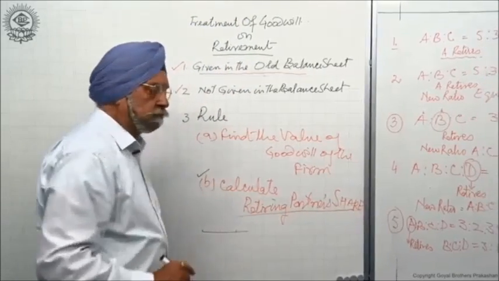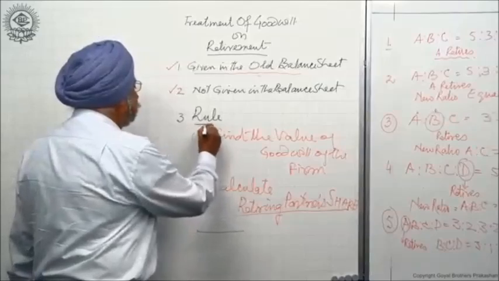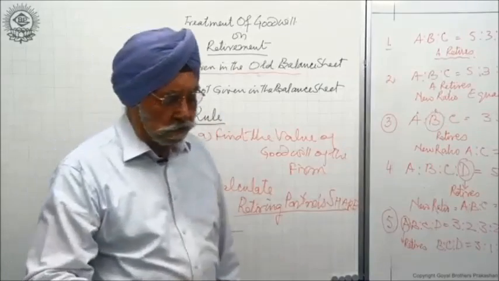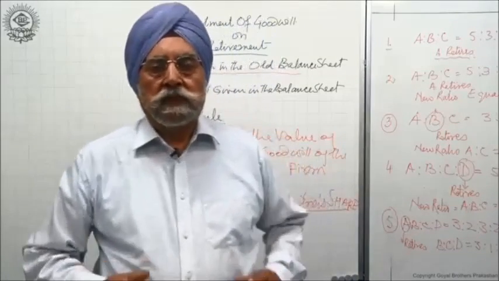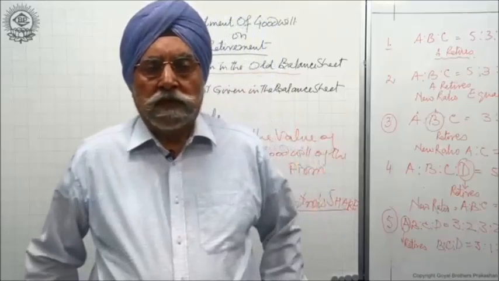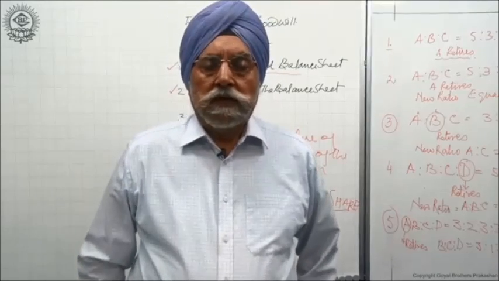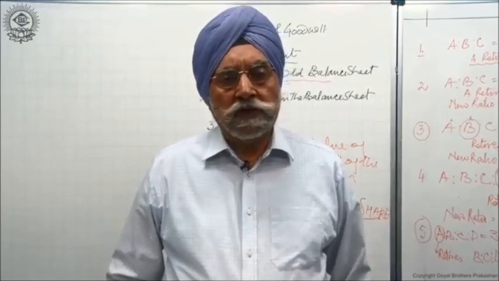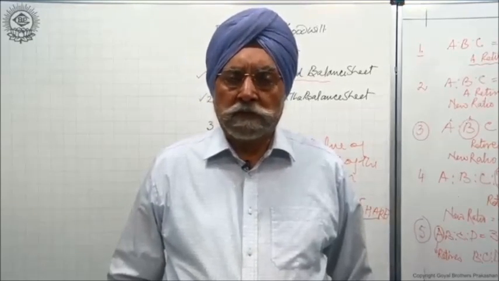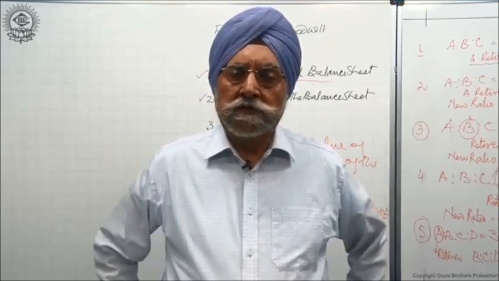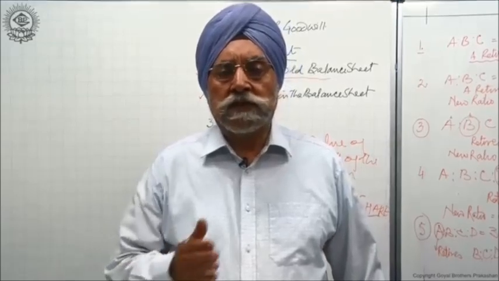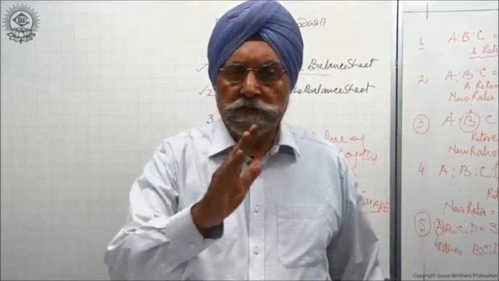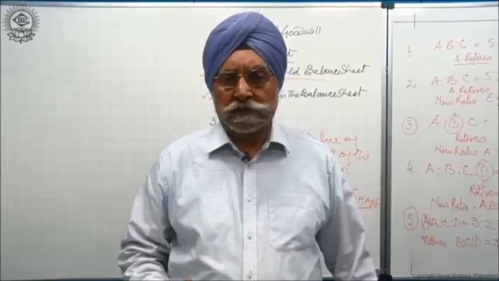Once this is done, then there is another rule. That rule is that the retiring partner is leaving his share in the business. He is going away. He was a partner. He was sharing profits. Now, once he leaves the business, he will no longer share the profits.